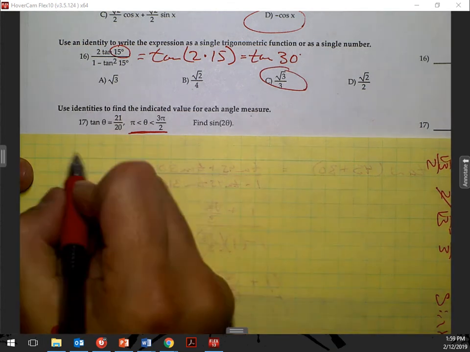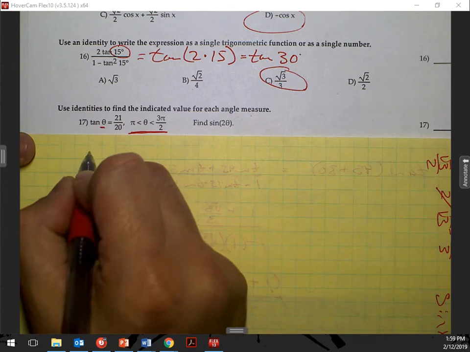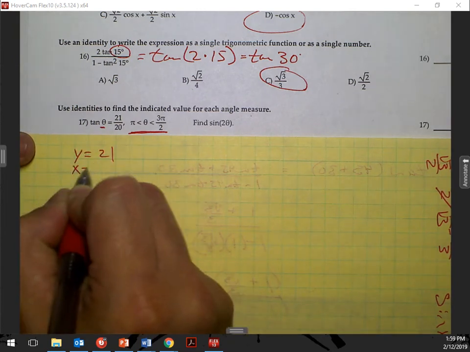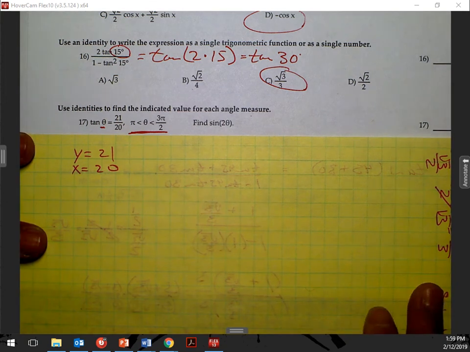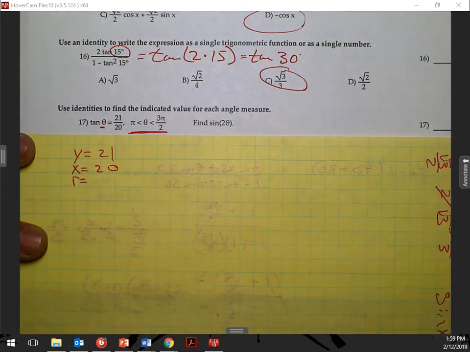Use an identity. So now, this is a single angle, isn't it? Yes. So I know that single angle, my y is 21, my x is 20, right? What am I missing? Your r. Let's find the r.